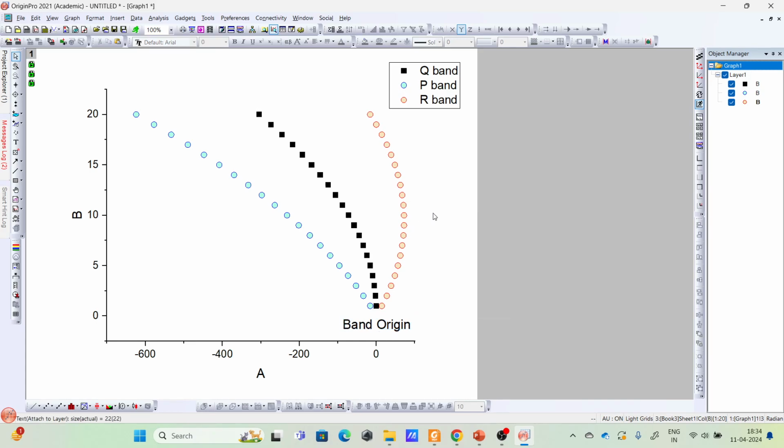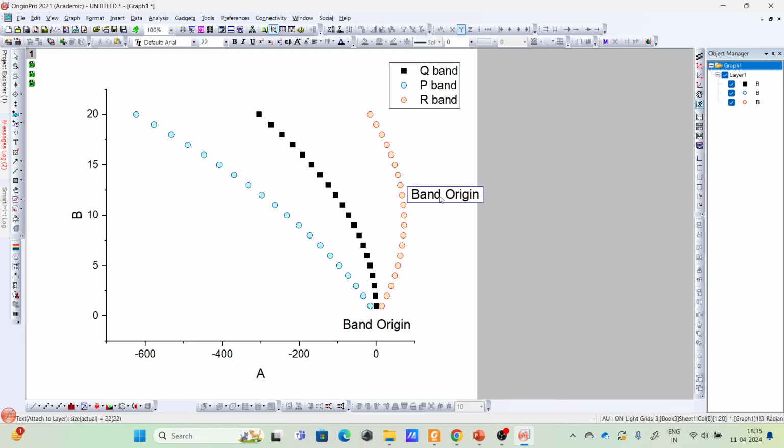If you have this experimental data, then the importance of this Fortrat diagram is that if you have the bands from the electronic structure and you already know the formula, then you can get the value of the band origin if you don't have it from the spectra.